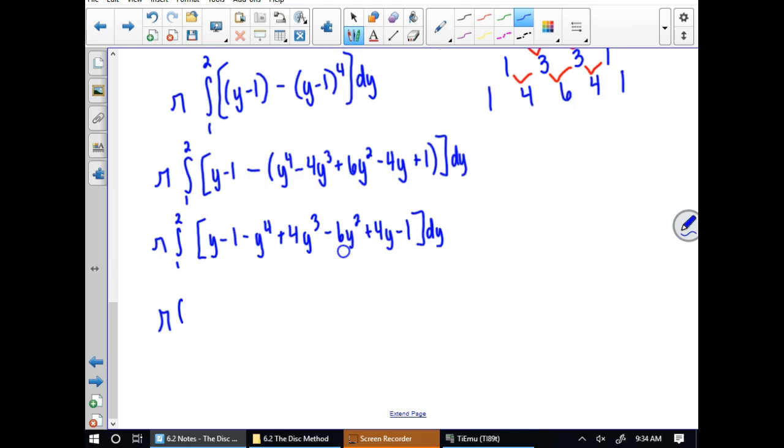And so we'll have negative y to the 4th plus 4y to the 3rd minus 6y squared. We're going to get plus 5y minus 2.